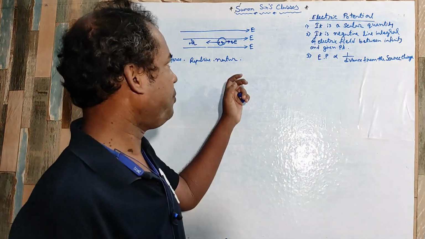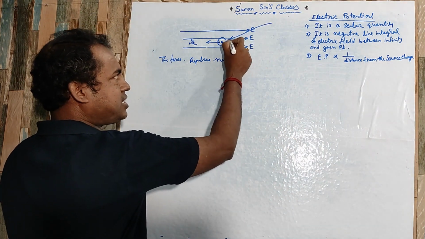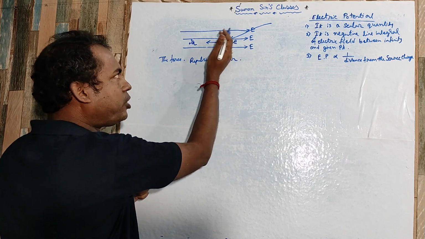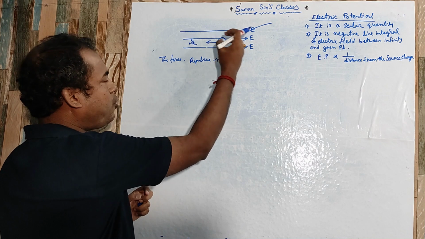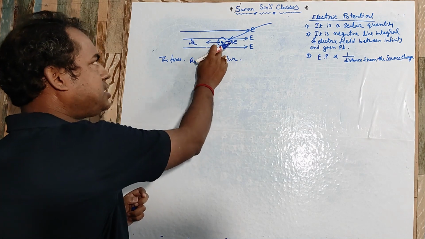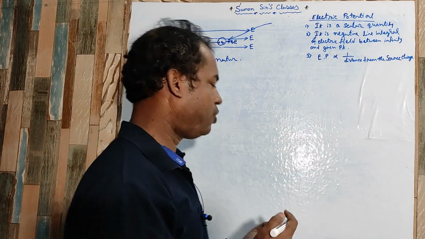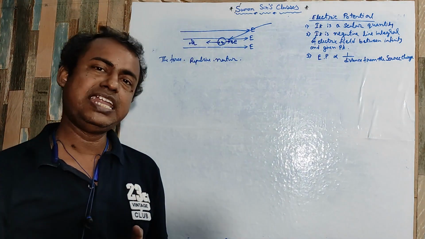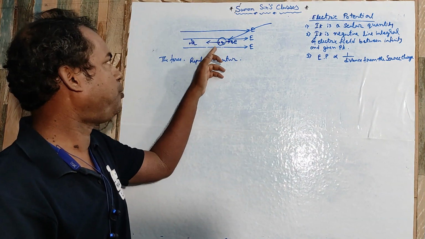Now if I apply some force externally to move the charged body towards the source charge, then due to the external force we change the position of the charge from this point to that point. By the externally acting force we can change the positions.